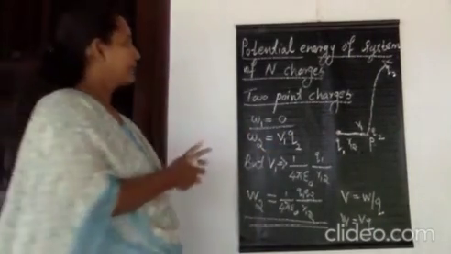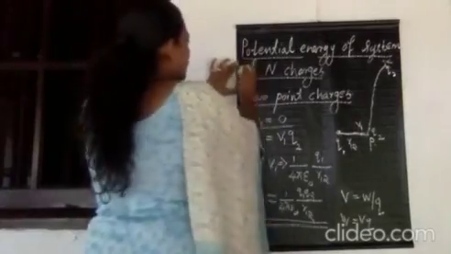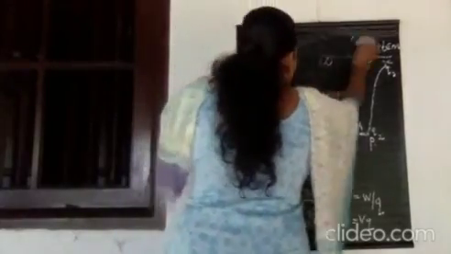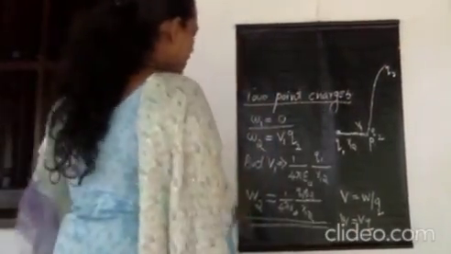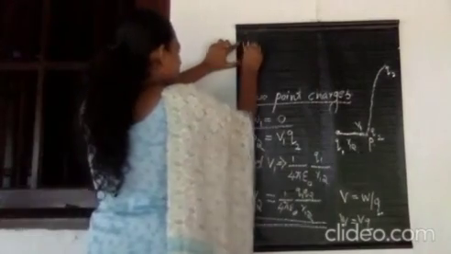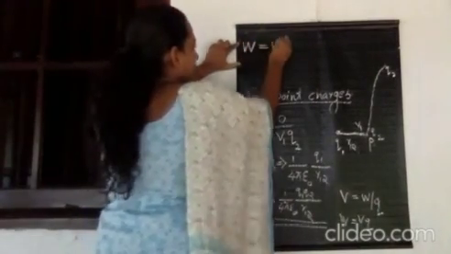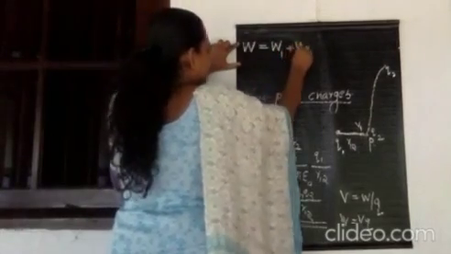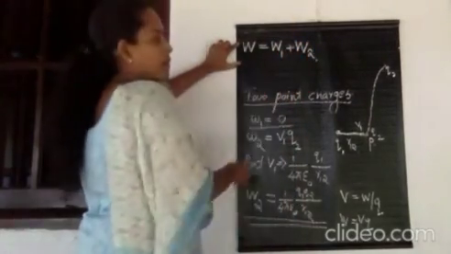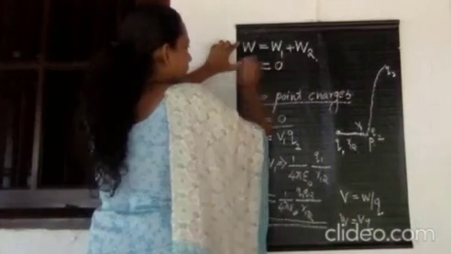So what will be the expression for the total potential energy of a system of 2 point charges? The total potential energy of a system of 2 point charges is the total work done. What is the total work done? W is equal to W1 plus W2. W1 is 0.